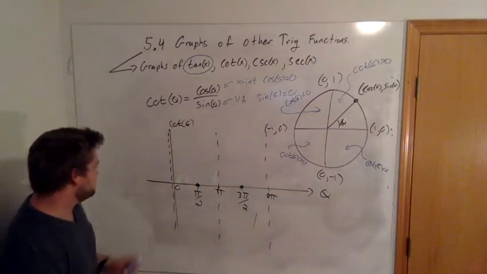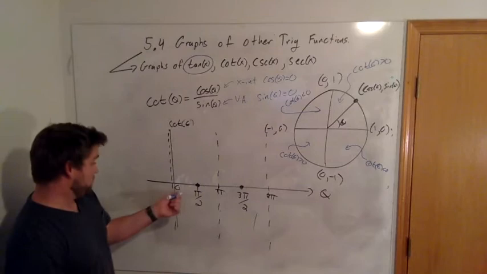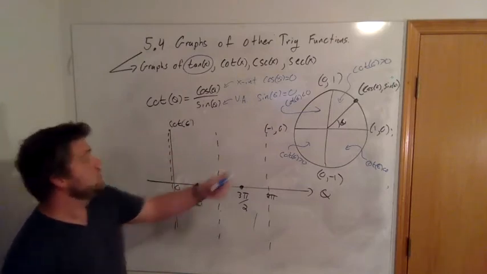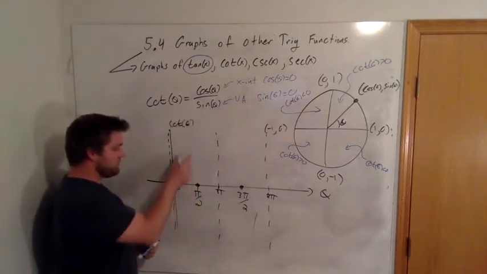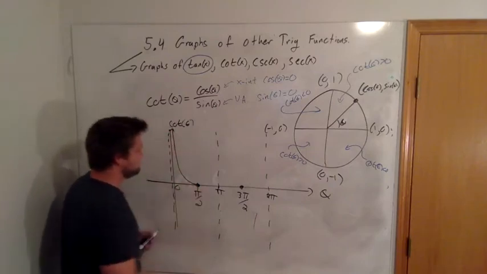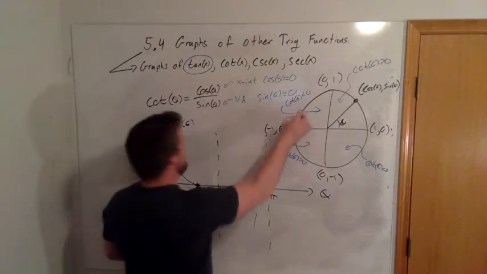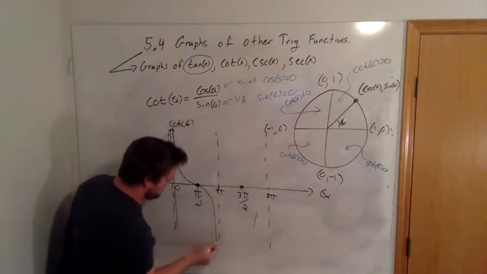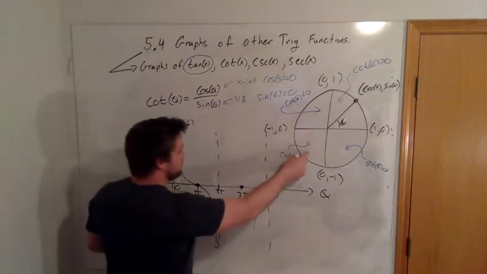So let's just piece it together. In quadrant 1, between 0 and pi over 2, cotangent is positive, so I'm always above the x-axis. So cotangent has to look like this. In the second quadrant, cotangent is negative. In the third quadrant, cotangent is positive.